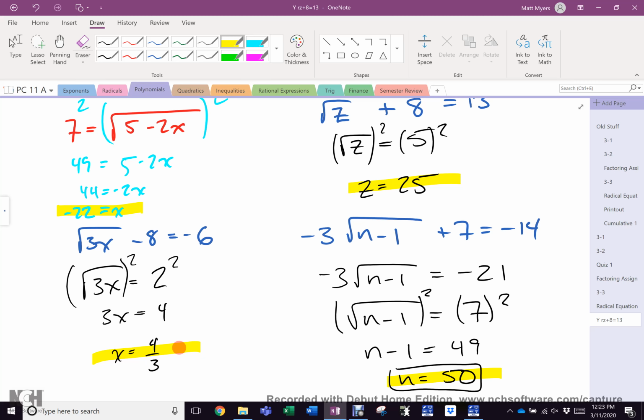I have to fix these guys up first. Do you have any idea what it was? Negative 2 at the start.